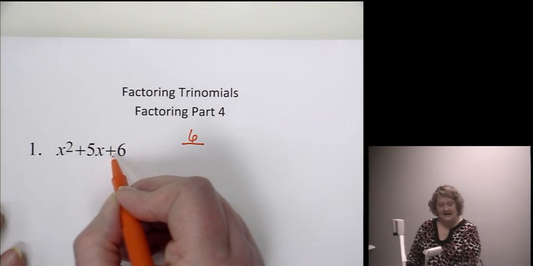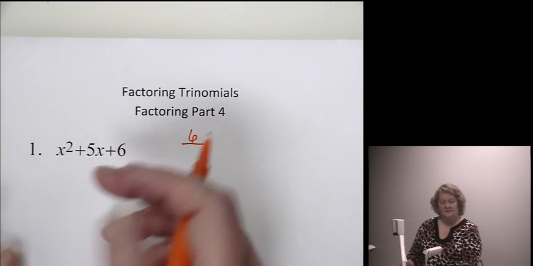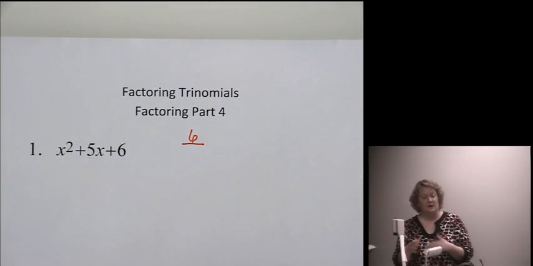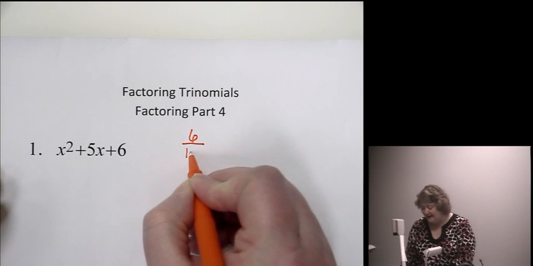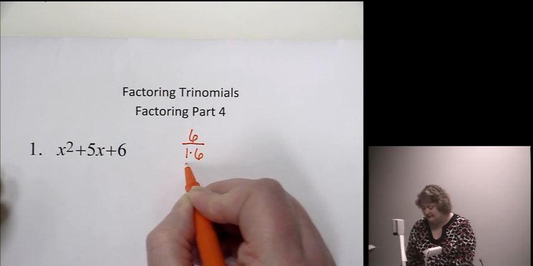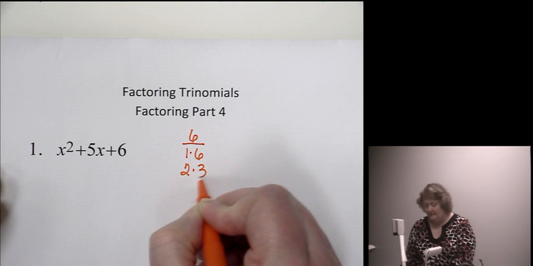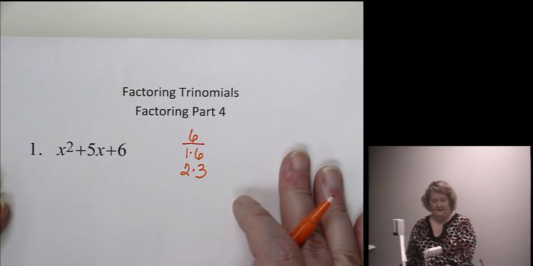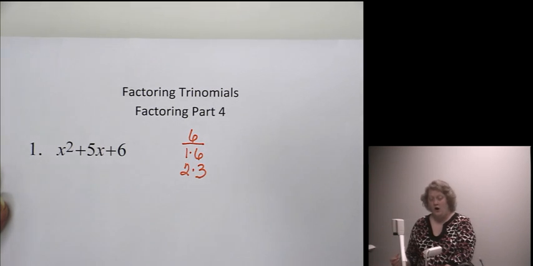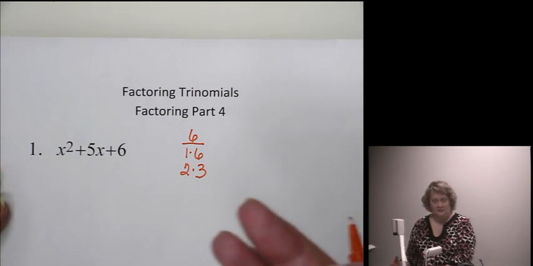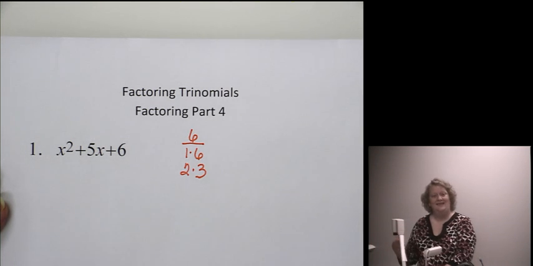It adds because that last term was positive, so both signs had to be the same. The only factors of 6 are 1 and 6, and 2 and 3. So 2 and 3 are the choices we want, because they add to give me 5x.